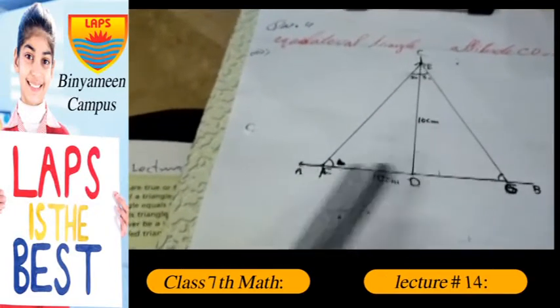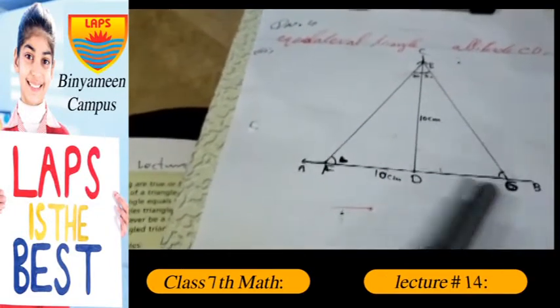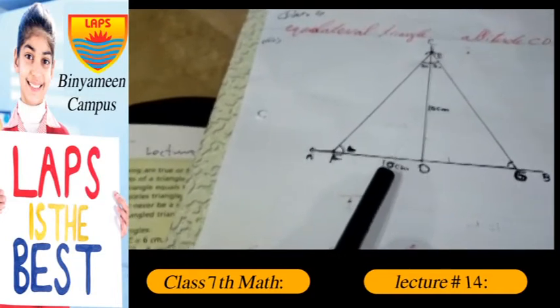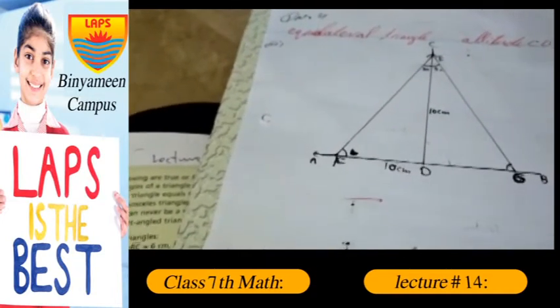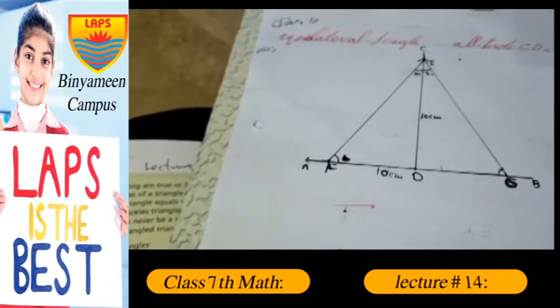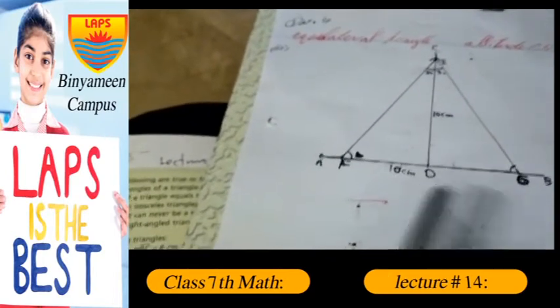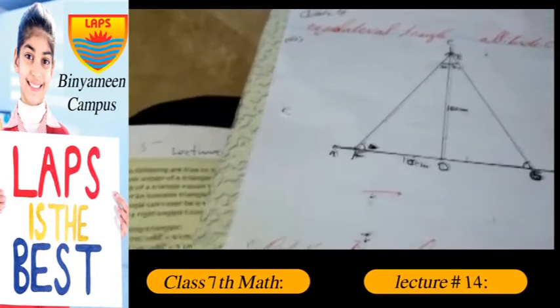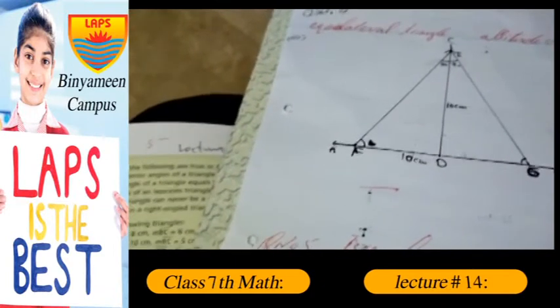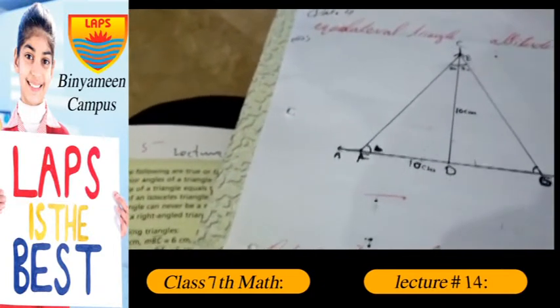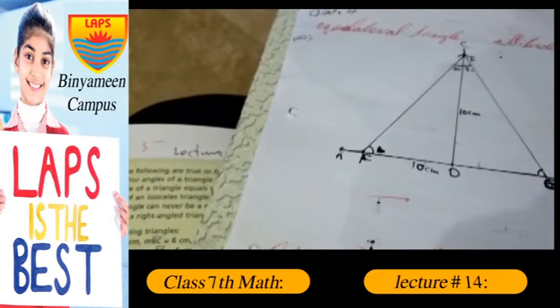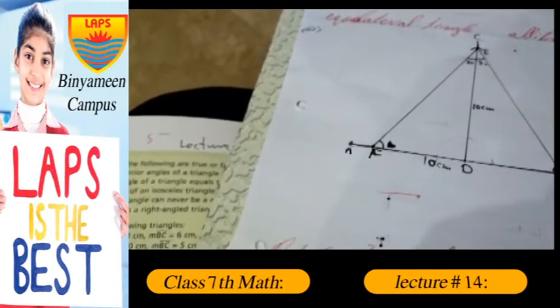Mark a point D at center of AB. Step 3, draw CD perpendicular to AB.